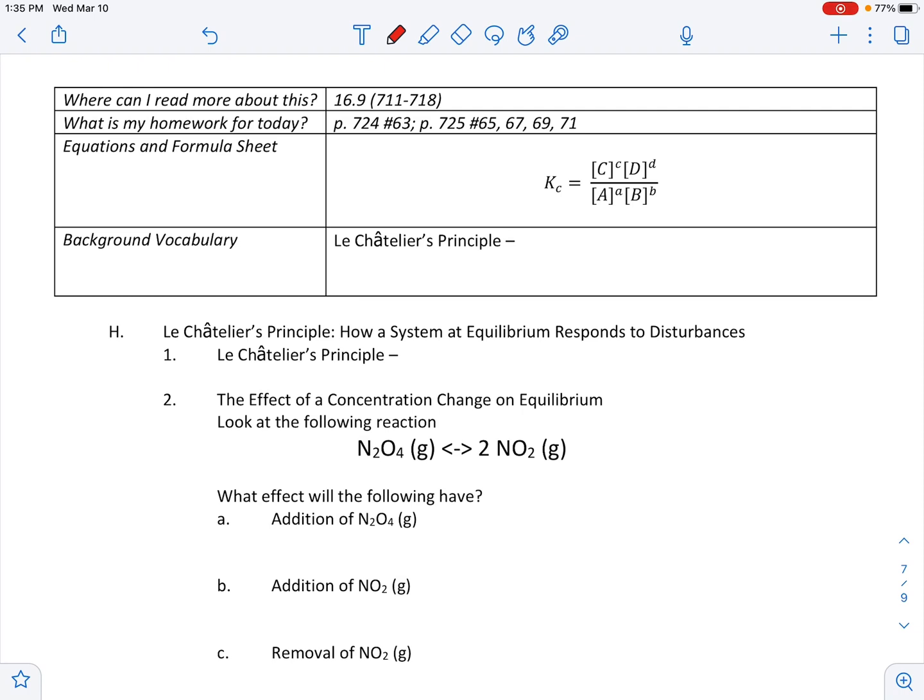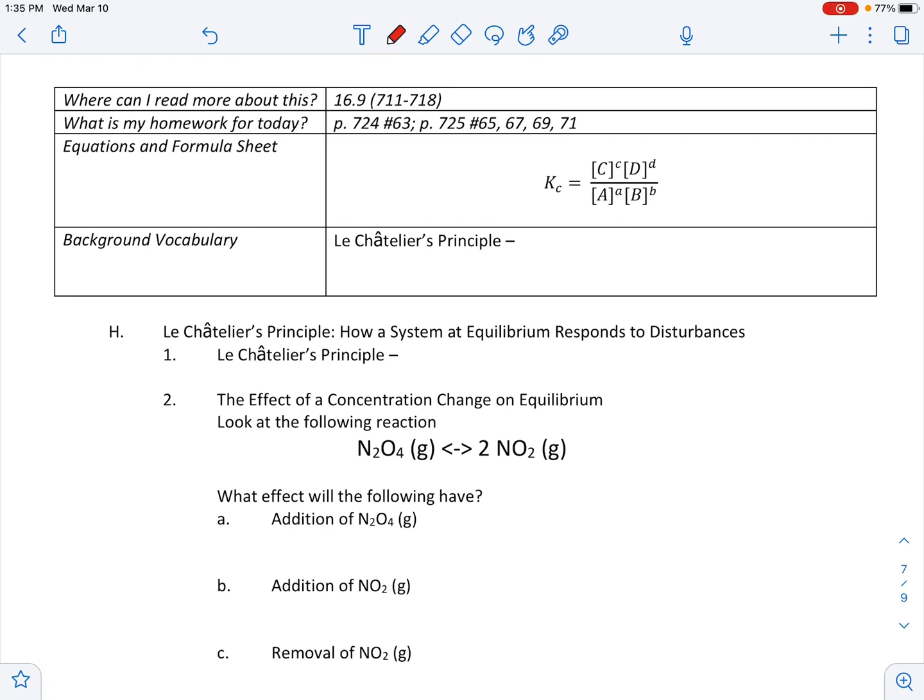This one to me is kind of a more fun one. We have LeChatelier's principle. LeChatelier's principle basically talks about a disturbance in the equilibrium and which way it'll shift.